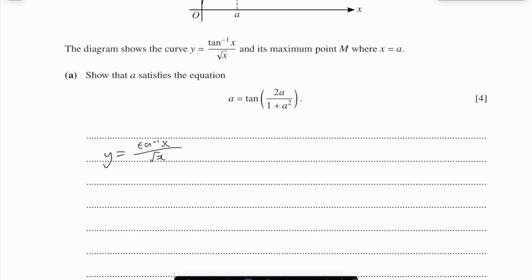Cool. Now, if we use our quotient rule, remember that dy over dx, where we're dealing with y is equal to arctan x, that equals 1 over 1 plus x squared.